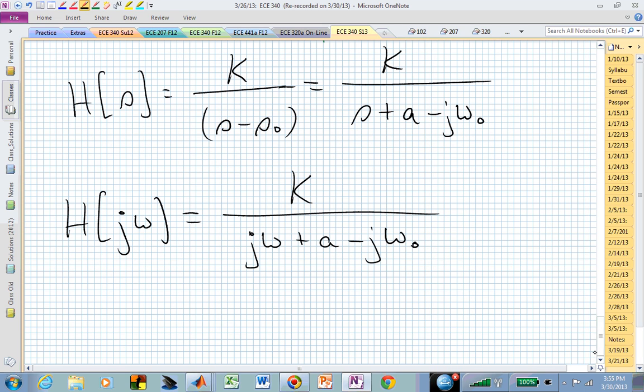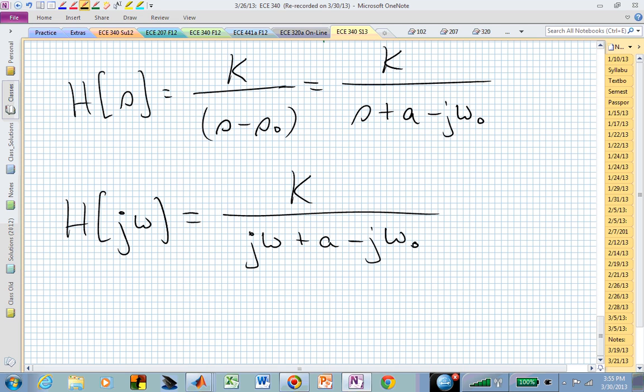And this now provides us with a complex number, and if we find the magnitude of that complex number, that's how the signal at a frequency omega will be adjusted at that frequency, its magnitude.